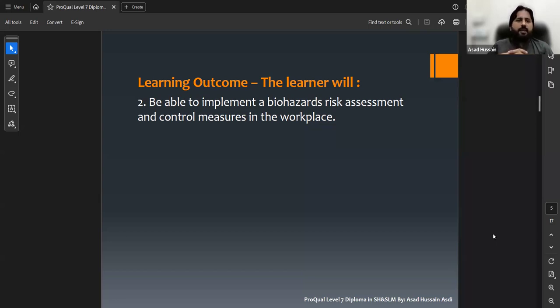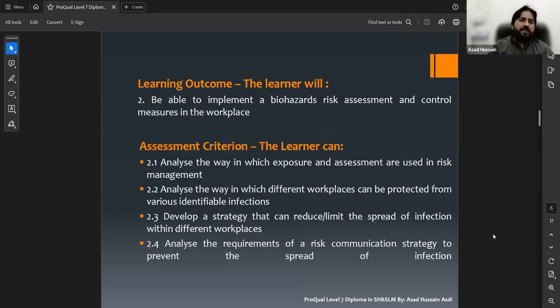After successfully completing this section of the unit, the learner will be able to implement a biohazard risk assessment and control measures in the workplace. How he can do that, and what the assessment criteria are to evaluate whether he can or not, we will discuss in its assessment criteria.